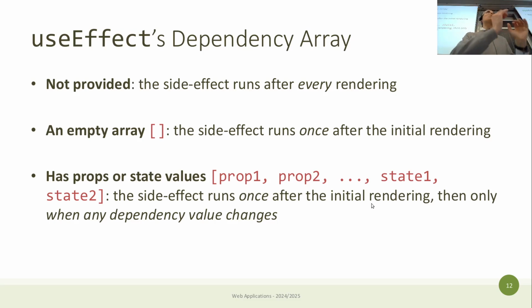Okay, so if you have something as a second parameter, it always runs after the component is mounted, and then if it's empty just that time. If there is a list of values, when one or more of these values change, it will run again.